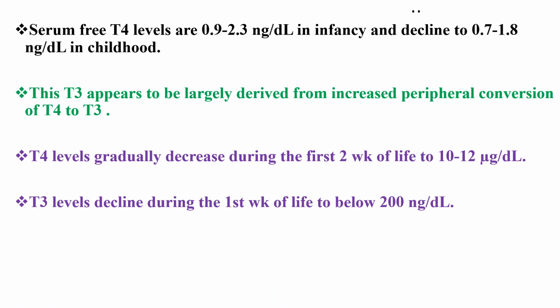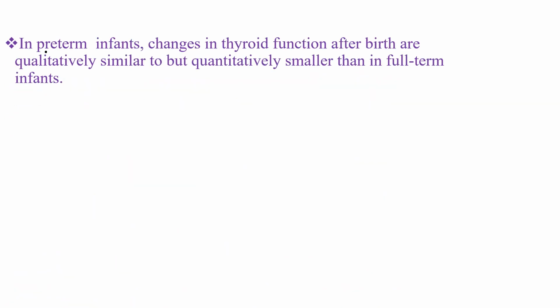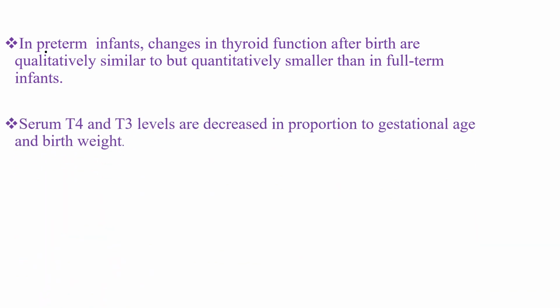T3 levels decline during the first week of life to below 200 nanogram per dl. In preterm infants, changes in thyroid function after birth are qualitatively similar to but quantitatively smaller than in full-term infants. Serum T4 and T3 levels are decreased in proportion to gestational age and birth weight.